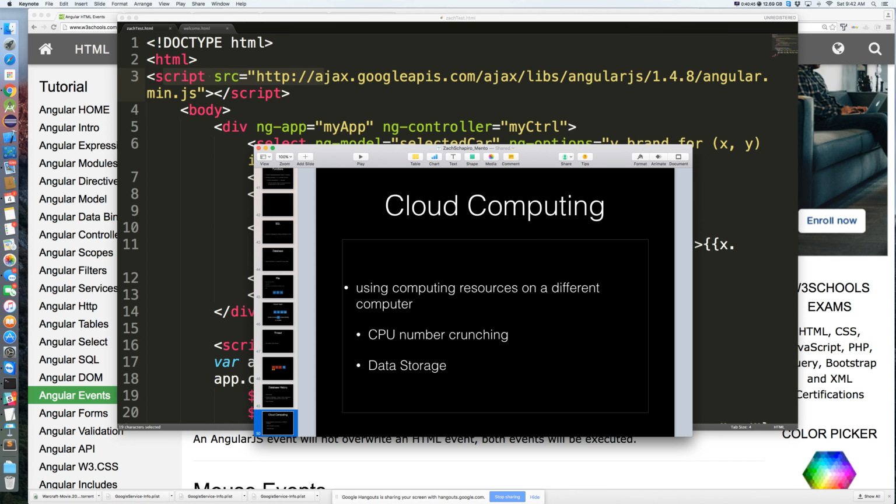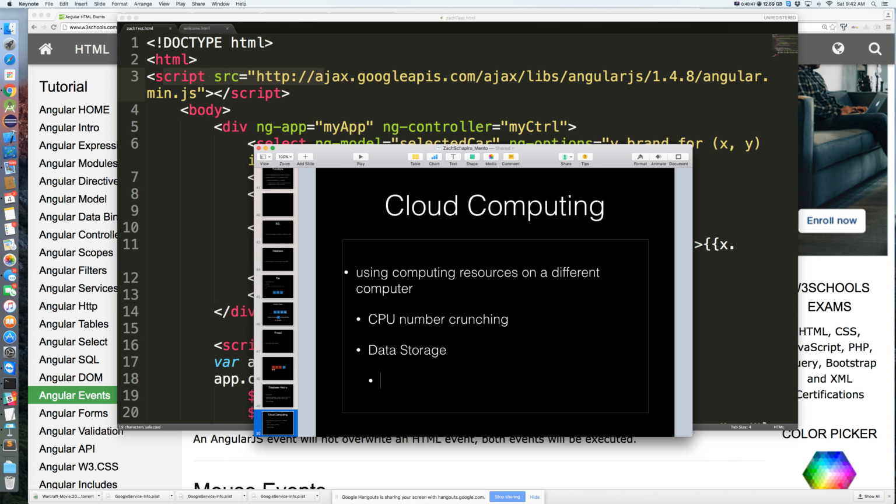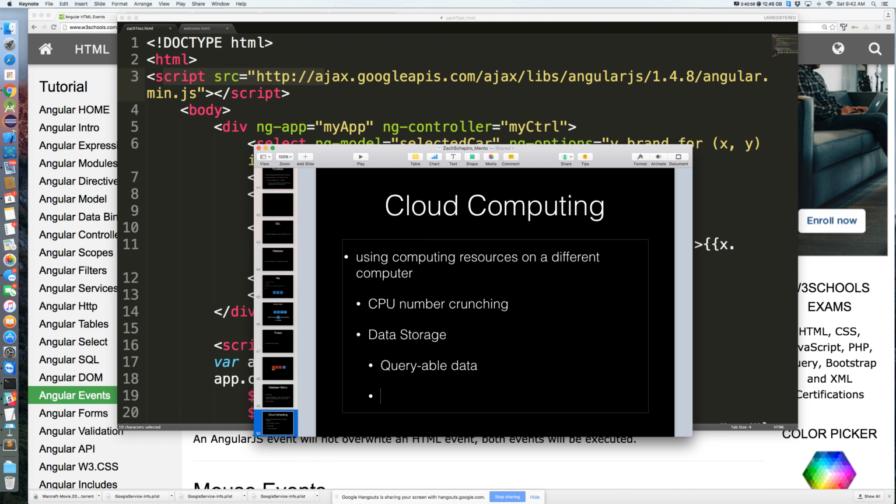Computing resources might fall into CPU number crunching and data storage, and data storage usually comes in several different formats. If we list quickly, maybe there are two. We have queryable data, and the other is usually called storage buckets. When we need to ask, give me the first name and the last name of the person with this user ID, we'd want to store that in a data storage option that is queryable.